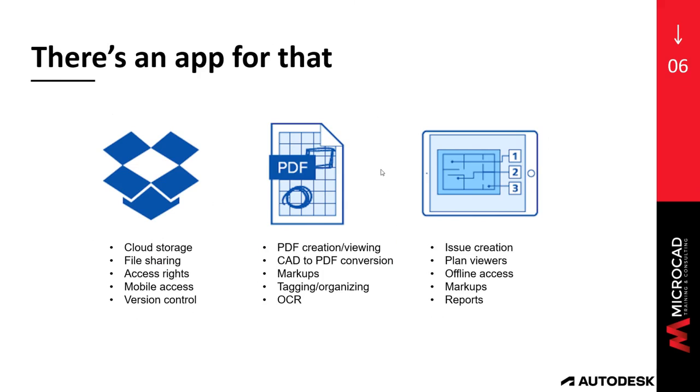Then when it comes to PDF creation, markups, and sharing, we are going to have it at the same time. And last but not least, when it comes to the field apps, we are going to have offline access, we can access this platform from our cell phones, from our tablets, from our desktops, and we are going to be able to share this information in real time.